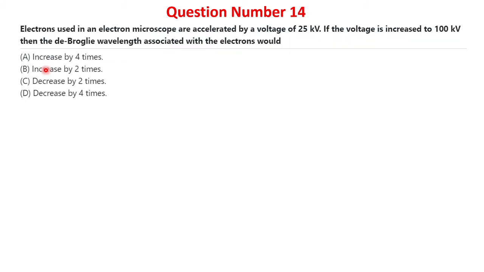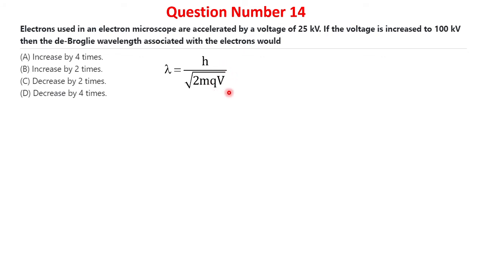Question number 14. In an electron microscope, electrons are accelerated under some voltage. If voltage is increased to 100 kV, that is made 4 times, the wavelength associated with the electrons would become. So in terms of potential difference, we had the de Broglie wavelength for electrons as h upon root of 2m into QV.